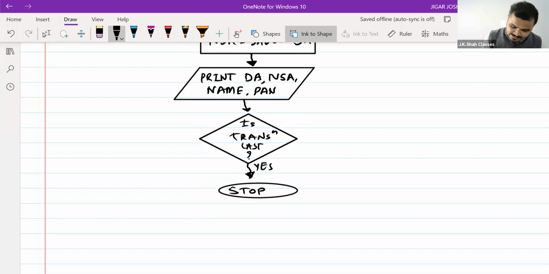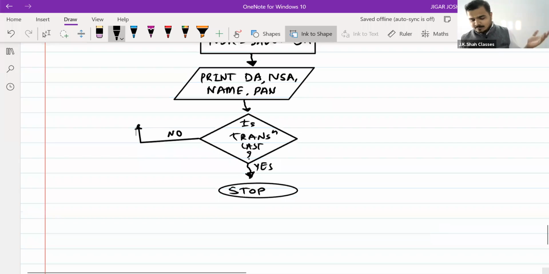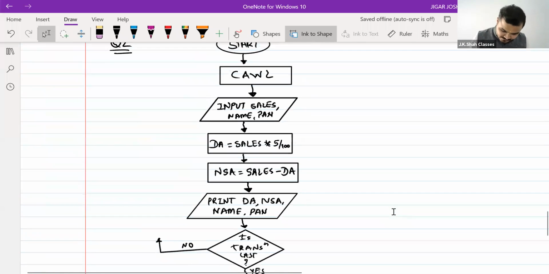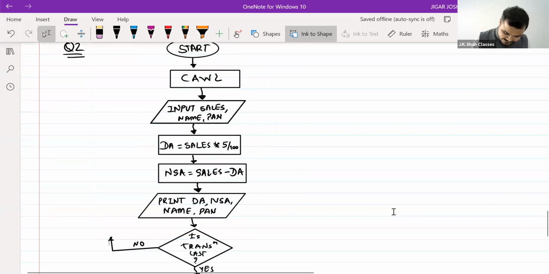Agree? Yes. And if it is no, then you should use a loop, sir.